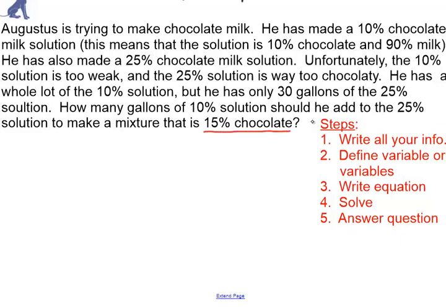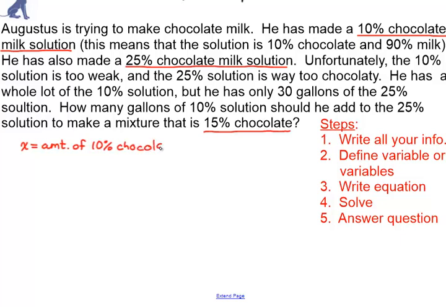So we're talking about a 10% solution, and we're talking about a 25% solution, and we're talking about a 15% solution. And the 15% solution is what we want. Okay, so the very first thing that I'm going to do is I'm going to define my variables. So I'm going to let x equal the amount of 10% chocolate.